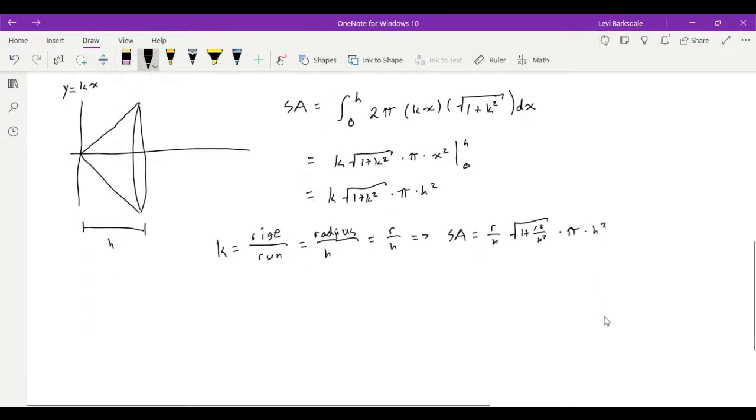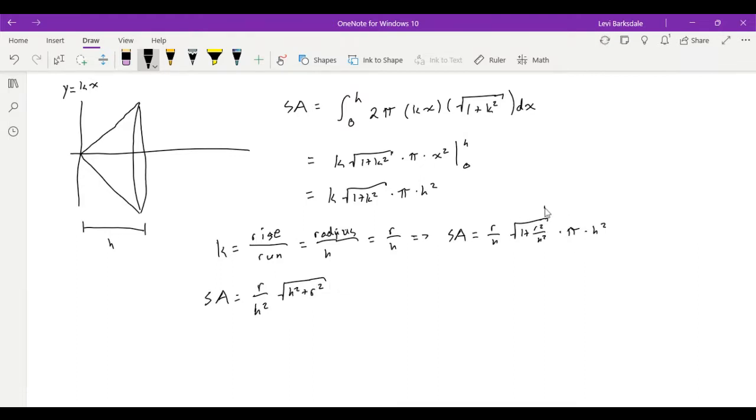And I don't want to have fractions inside my square root, so I am going to multiply some things out, and I get that surface area is equal to, now I'm left with r over h squared square root h squared plus r squared.